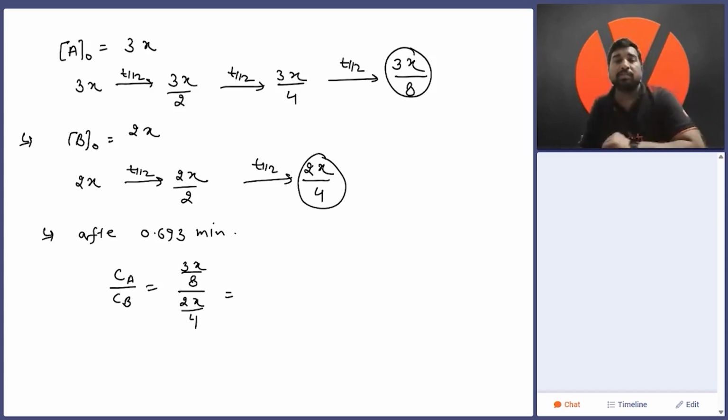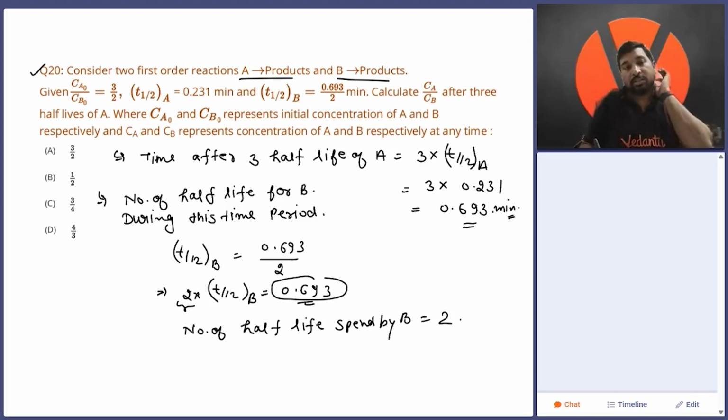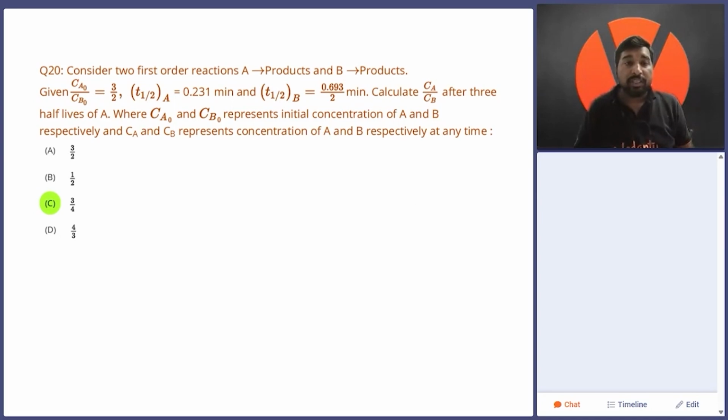On solving this, you will get 3 by 4. So the right option is C. 3 by 4 is the right answer. Now let's cross check. Yes, definitely C is the right answer.